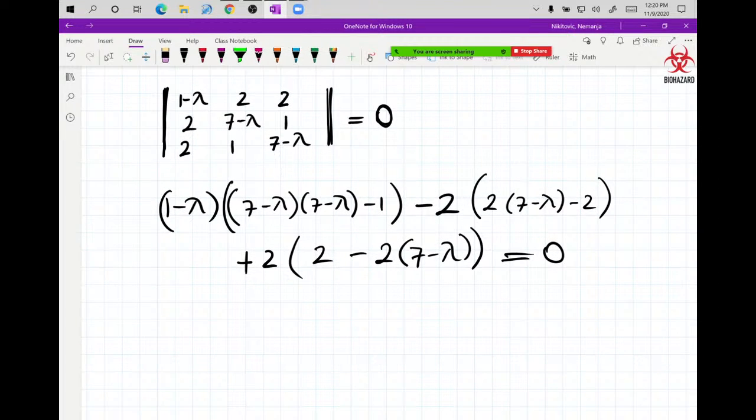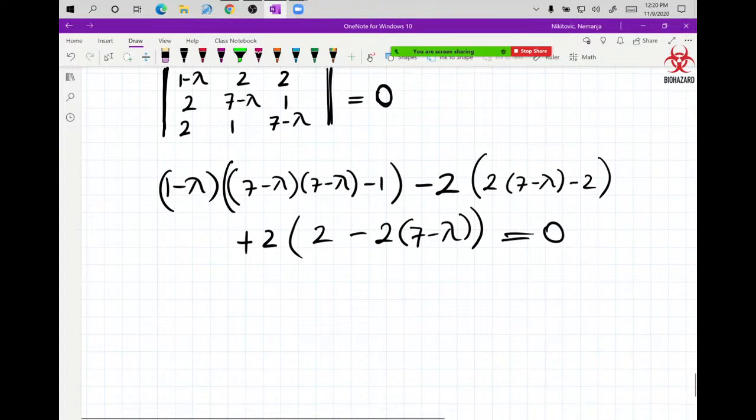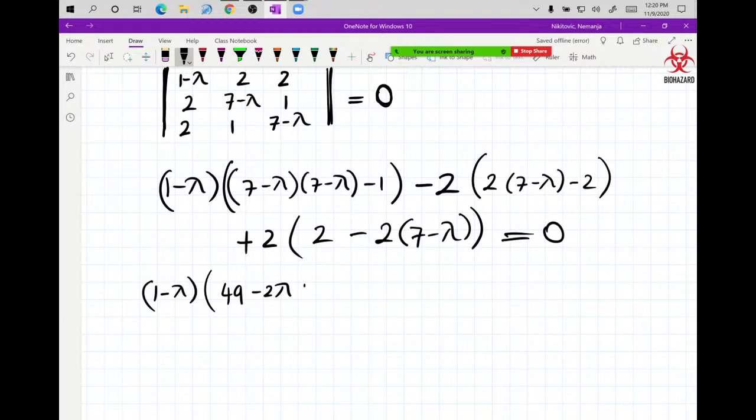So what is your life now? Your life is foiling. So now you foil everything over here, and that will all combine into some kind of lambda cubed equation equal to 0, in about an hour or so. So let's go. 1 minus lambda, and over here I have this square of a binomial, so that's 49 minus 14 lambda plus lambda squared, and then we have -1, which we need to deal with.